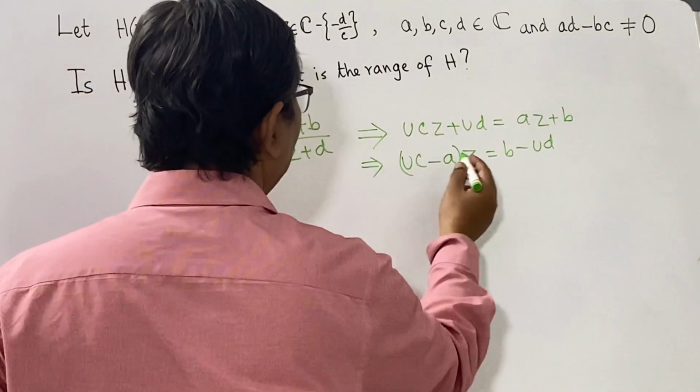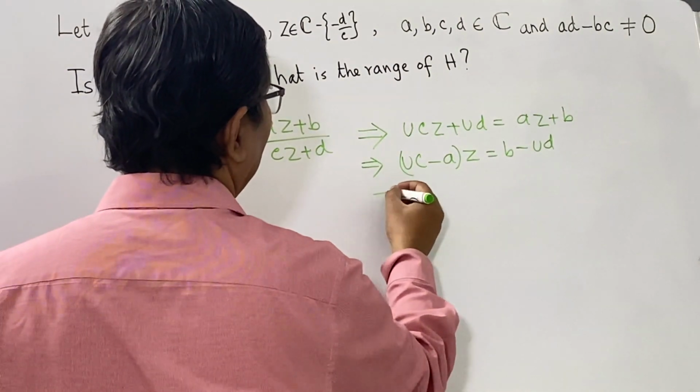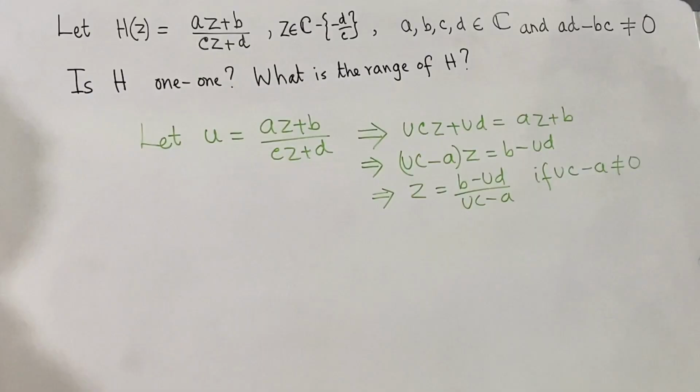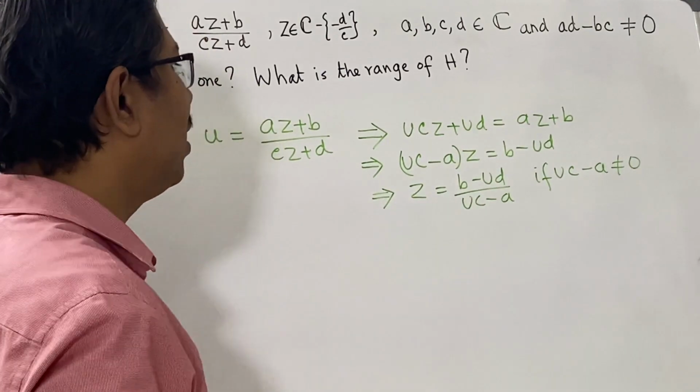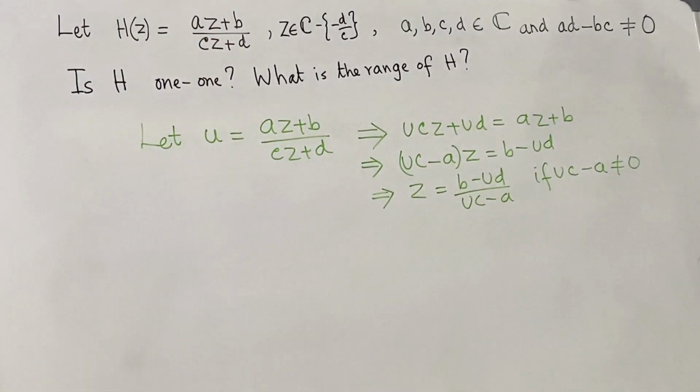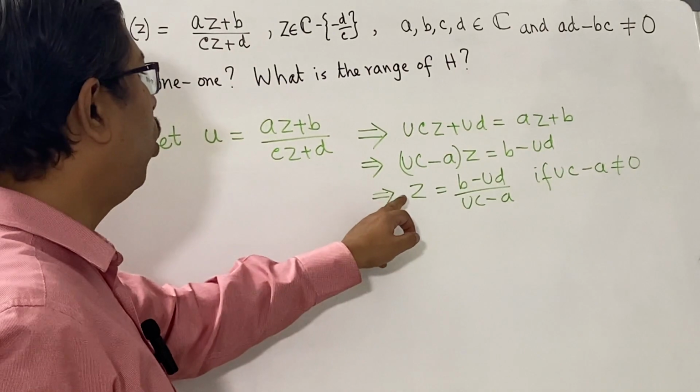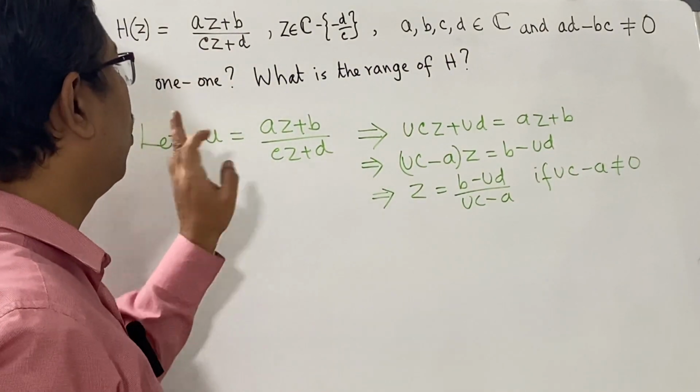Now, if uc minus a is not 0, then we can divide by uc minus a to get a value of z. So, for every value of u for which uc minus a is not equal to 0, we have a value of z for which h(z) is equal to u.